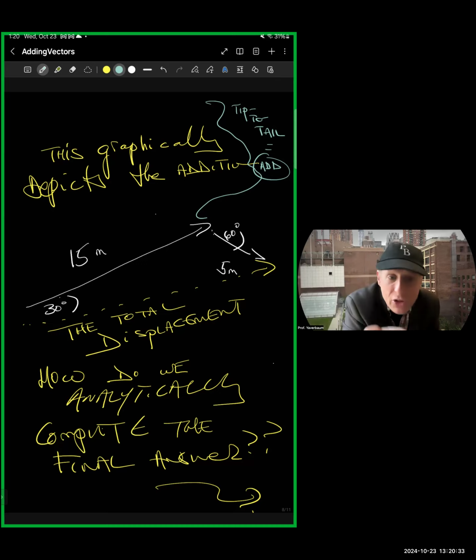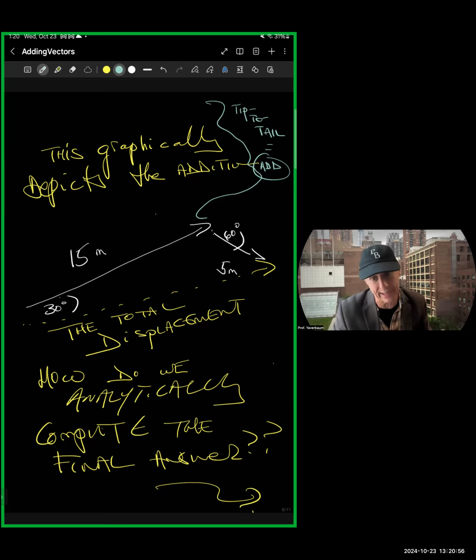In other words, it's showing in the picture that at the end of the day, presumably I did walk somewhat northeast, but not as steeply as 30 degrees northeast. Some angle smaller than 30 degrees, presumably. I mean, I don't know. So that's what this is predicting. And at the end, when I get my answers, I should check back that my answers make sense with this original predictive tip to tail depiction.